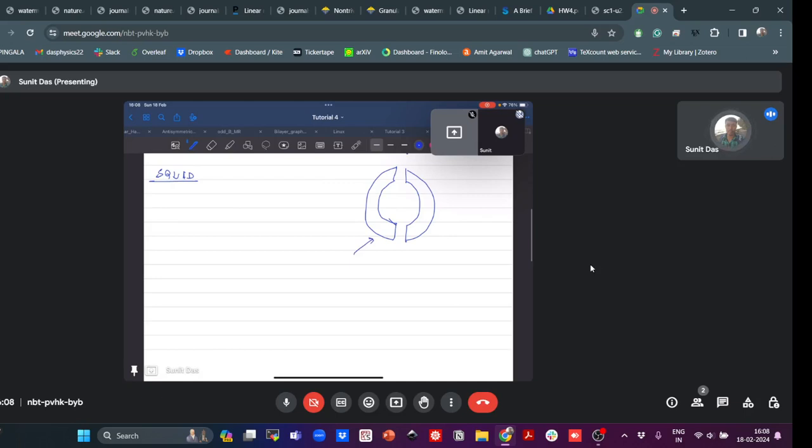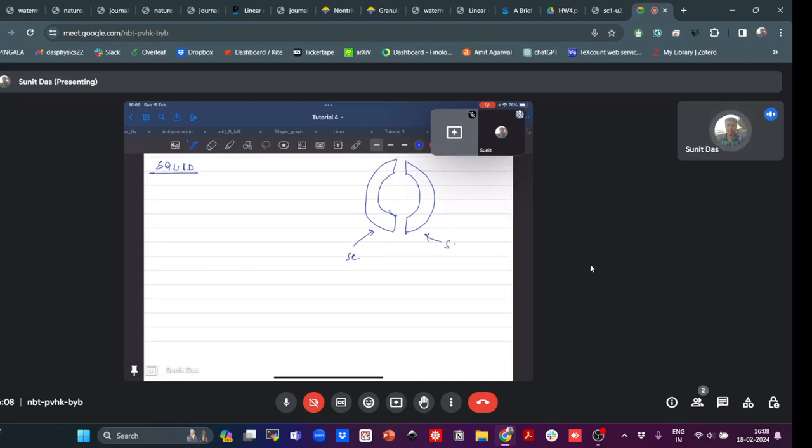This is one part of the superconductor, SC, and this is another part of the superconductor, and we have connected it to the circuit where we are sending current, and then in this part there is an insulator, and this part also. Okay, so insulator.